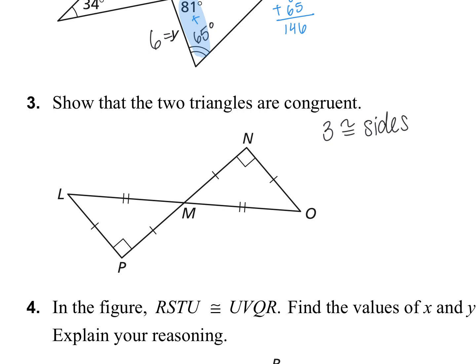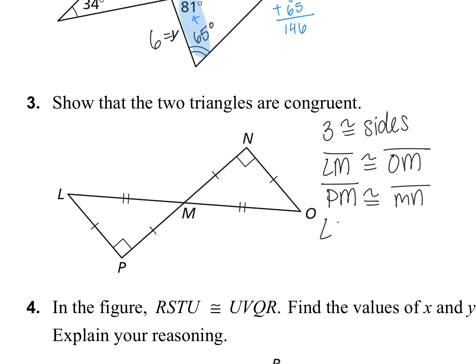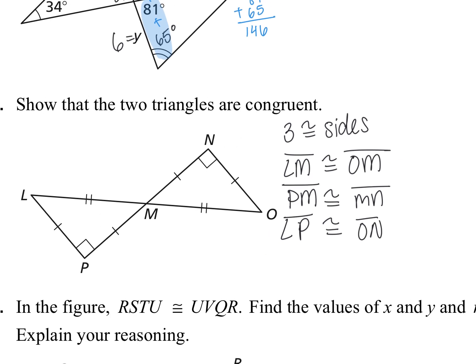Who could tell me one side? All right, I'll start it out. LM is congruent to OM. PM is congruent to what? MN, good. And LP is congruent to ON. That's my 3 congruent sides.